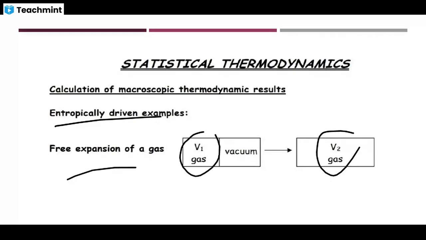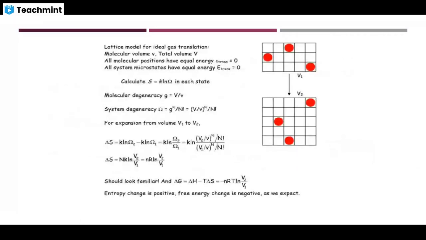So let's take a lattice model for ideal gas translation. Molecular volume is v, total volume is capital V. All molecular positions have the same energy, so all system microstates have equal energy. Now calculate the entropy. Entropy is nothing but k ln omega. In each state the molecular degeneracy g is nothing but V by v.